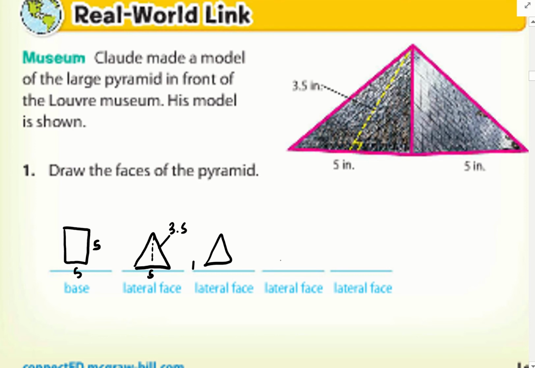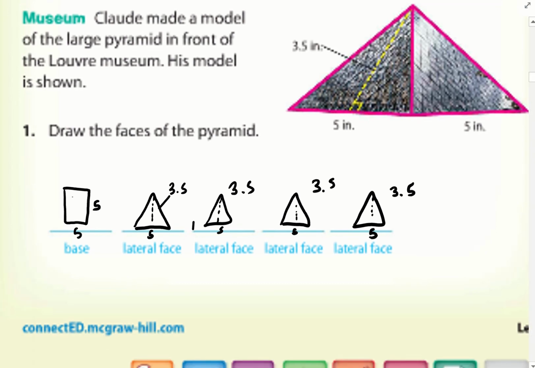Since I have a square base, all of my triangles will be the same: 3.5 by 5, 3.5 by 5, 3.5 by 5. Just remember, if I have a square base, my 4 triangles will be the same.